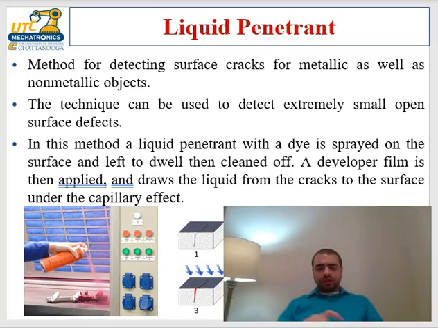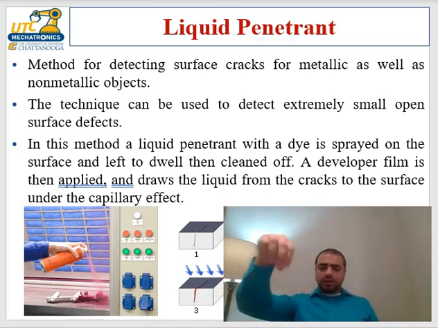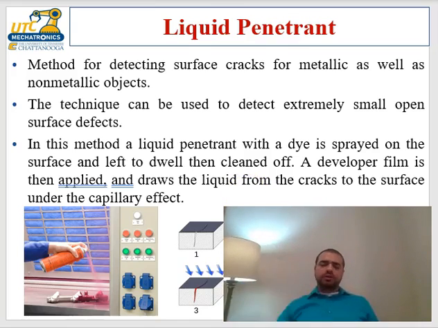Then you spray a liquid that has a dye in it, and the liquid will go inside the cracks, as you see here. If there's a crack, it will go inside, and after that you deposit a film.